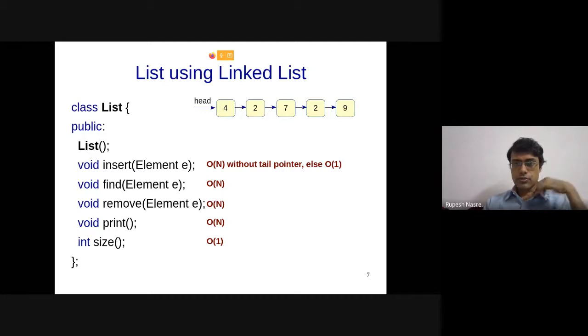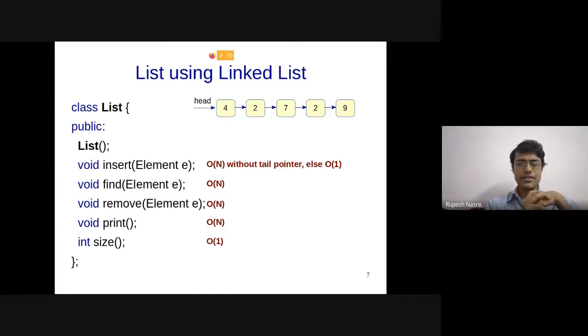Anish is asking, is there any advantage of linked list over an array list? Good question. I will request you to hold on to it for the next slide. I have a slide on the comparison between arrays and linked lists. But briefly, there are some advantages. For example, in the linked list, some operations become easy.